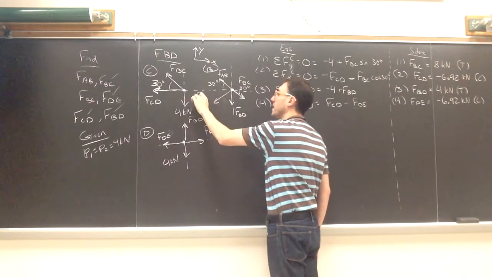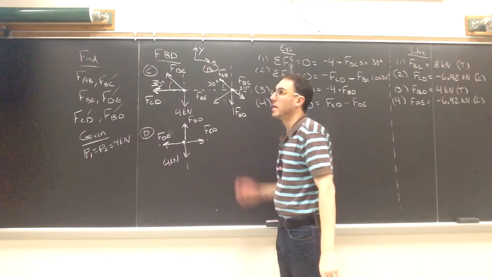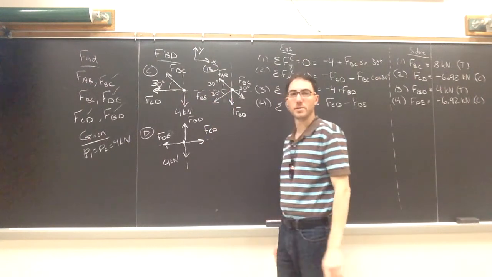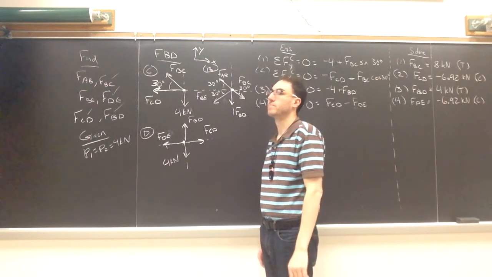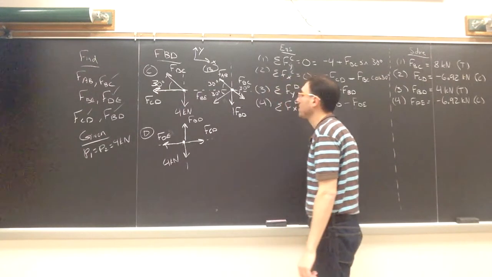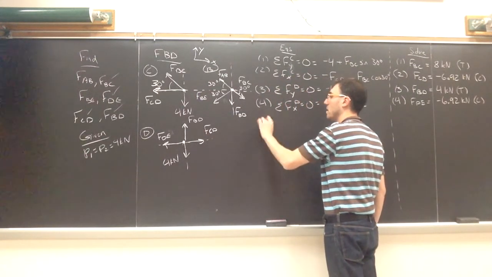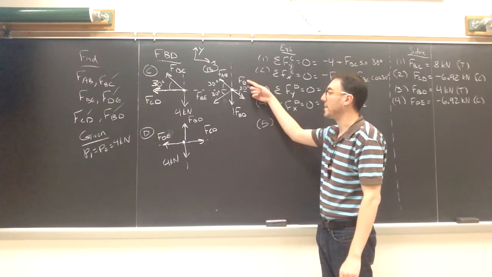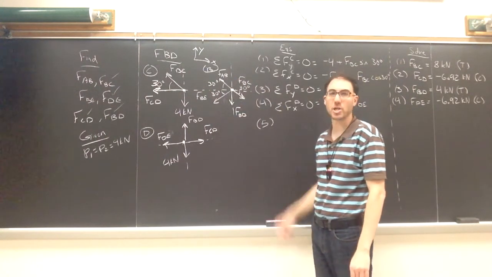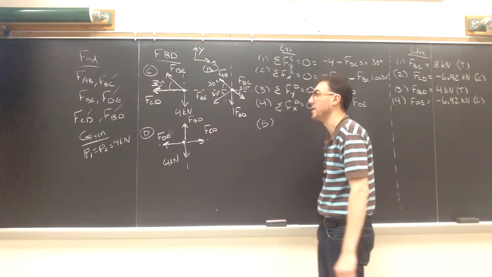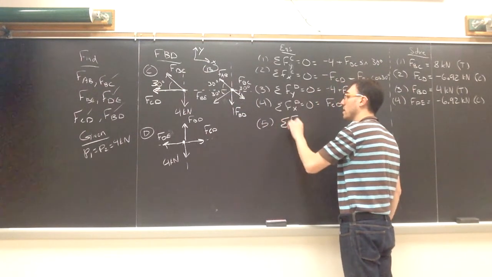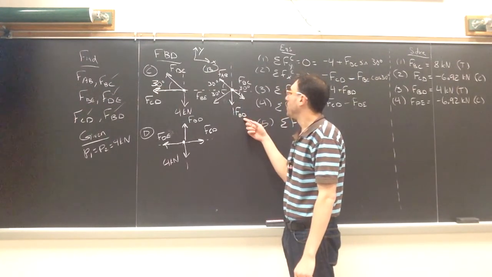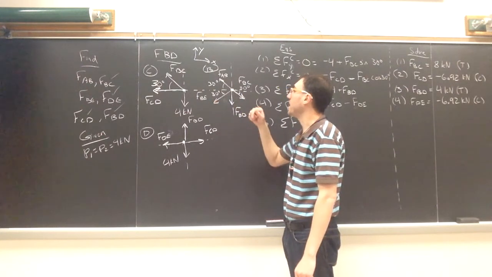And FBE is going to also be 30 degrees below the horizontal. But again, we know BD already, and I know BC already, so only two of these are actually unknowns once I fill in the things I know. BE and AB, I don't know.